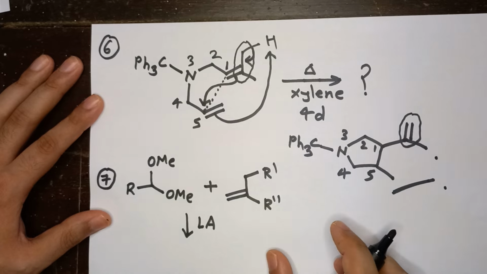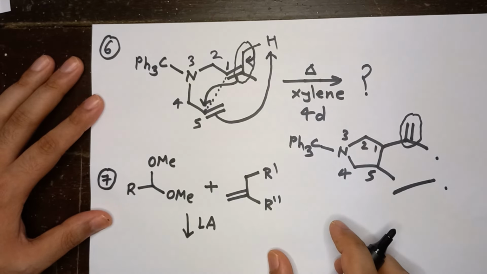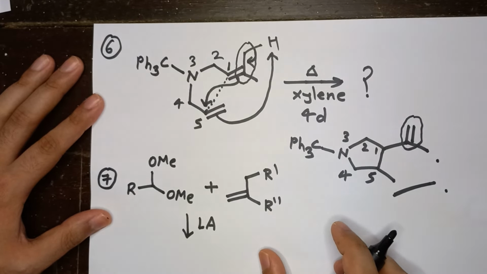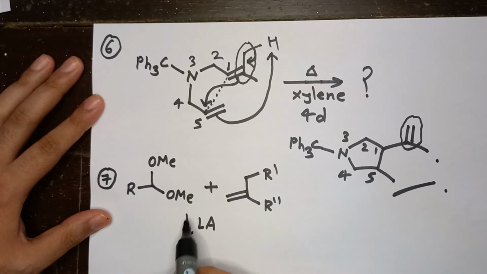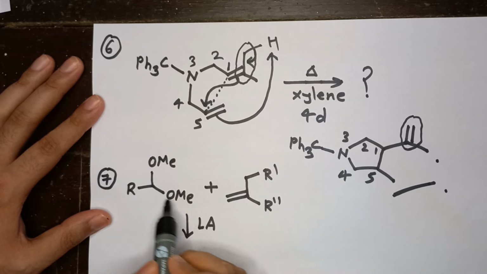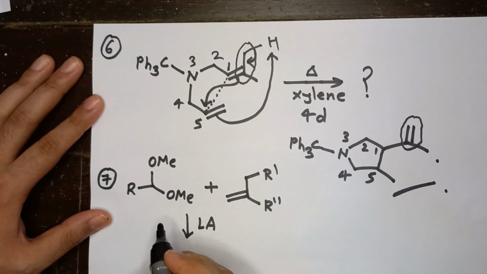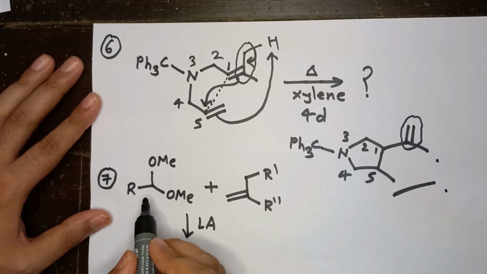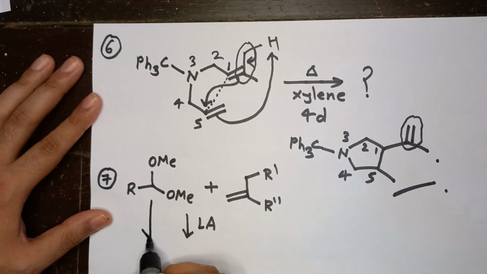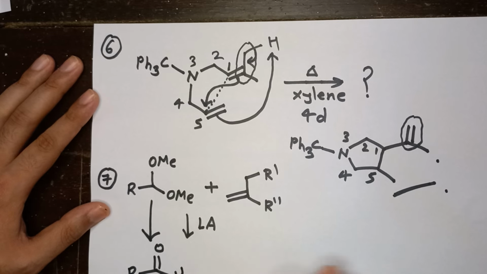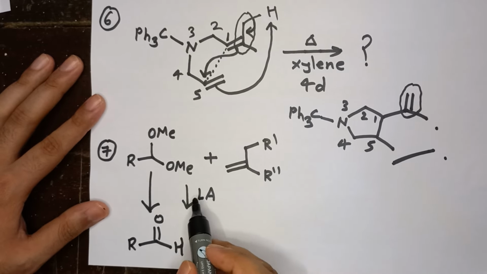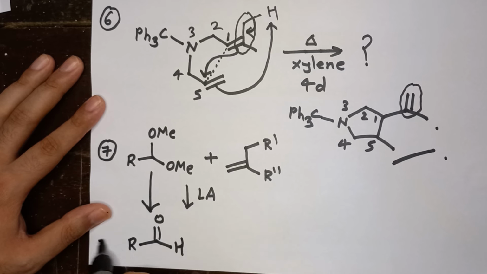So I have already discussed in my previous video in the series of protection and deprotection that in presence of Lewis acid, the acyclic acetal or ketal will form aldehyde or ketone. So make sure you watch that video so you will be able to understand how this converts into an aldehyde in presence of Lewis acid. So we have a Lewis acid mediated deprotection and we form aldehyde.